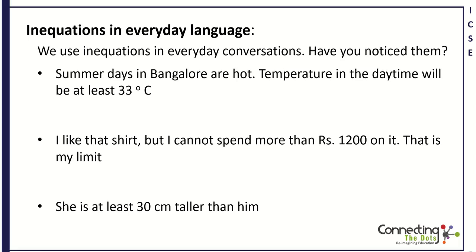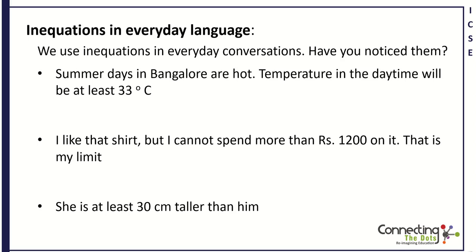Let's take a look at some inequations in everyday language. We use inequations in everyday conversations. Have you noticed them? Summer days in Bangalore are hot. Temperature in the daytime will be at least 33 degrees centigrade. So, how can you express it as a mathematical inequation?